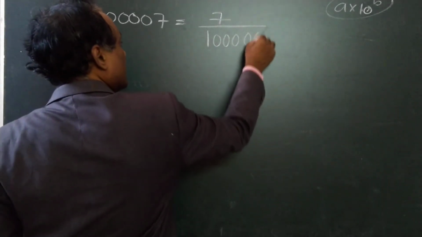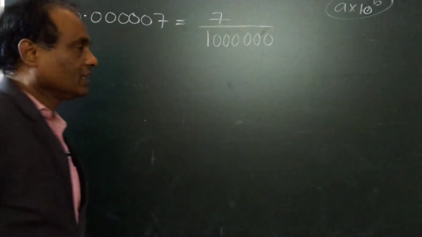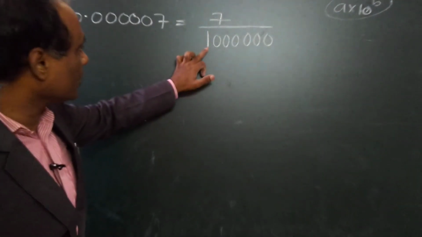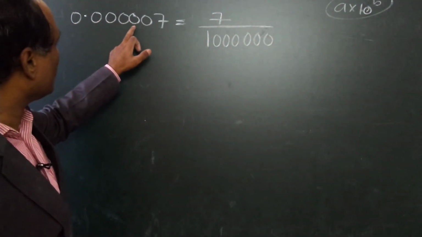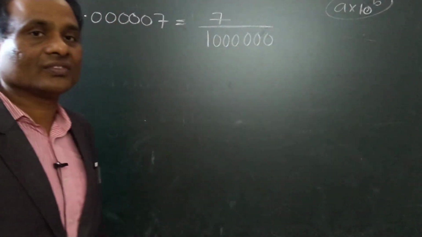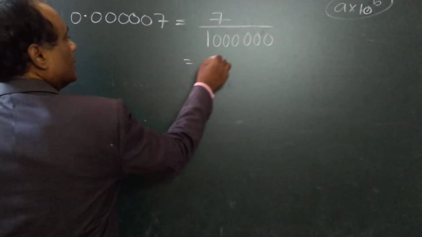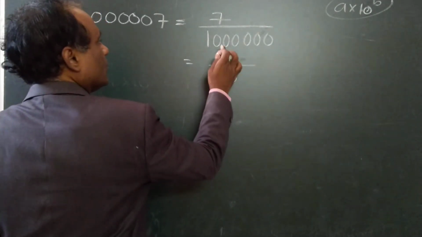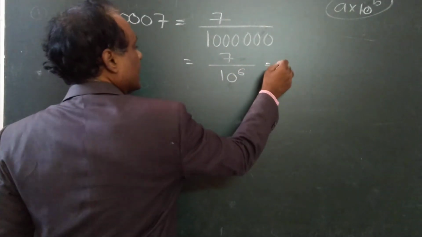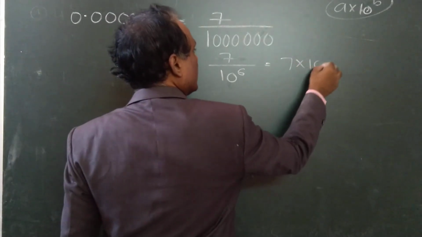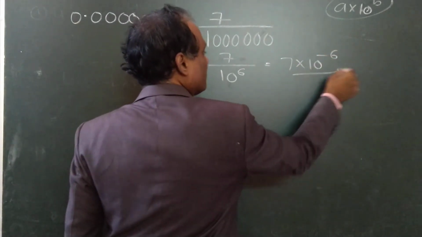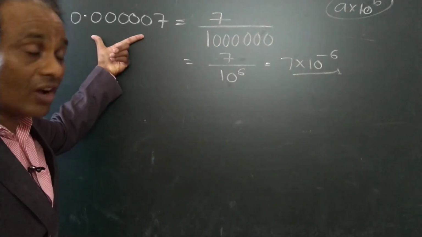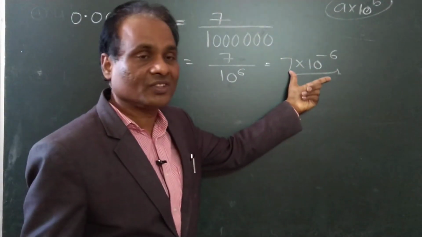I am removing the decimal, so after 7 we get 6 zeros. 7 by 10 to the power of 6. Taking it into the numerator, 7 into 10 to the power of minus 6. Plus 6 will become minus 6 in the numerator. This is the usual form converted into standard form.